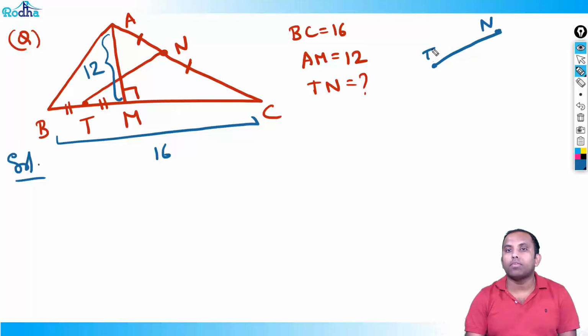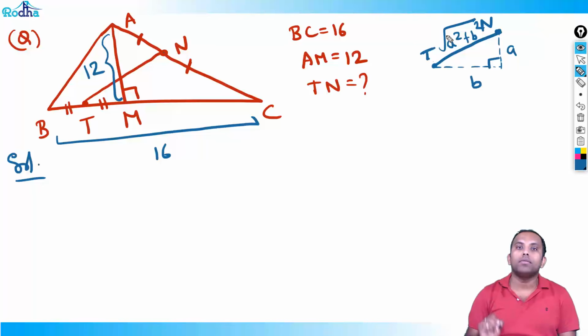I told you in previous videos what to do: simply apply the Pythagoras theorem. When a line is tilted, neither horizontal nor vertical, simply drop a vertical line and a horizontal line. This is 90 degrees. Get this length. This length will be root under a squared plus b squared.